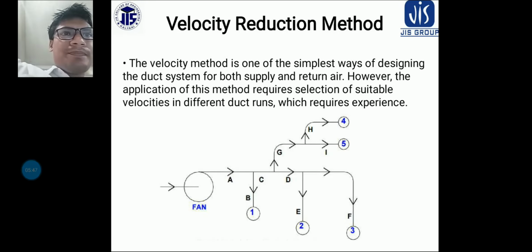They find use in low velocity applications, less than 600 meters per minute, and for static pressure below 5 of water gauge. So resin bonded glass fiber can be used as duct material.